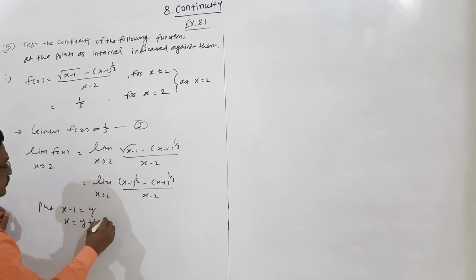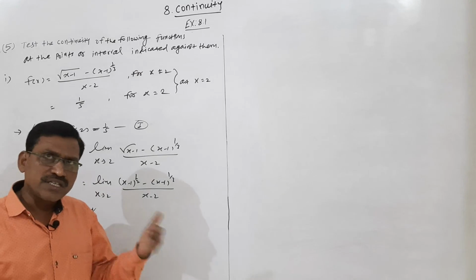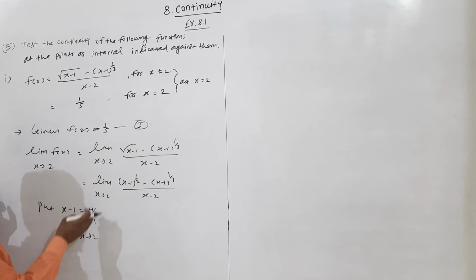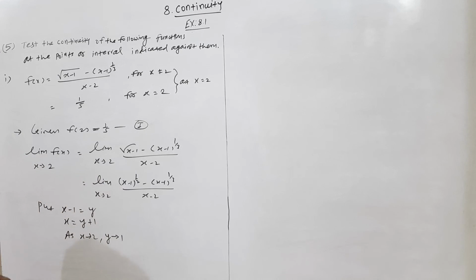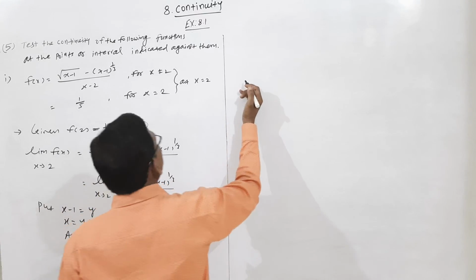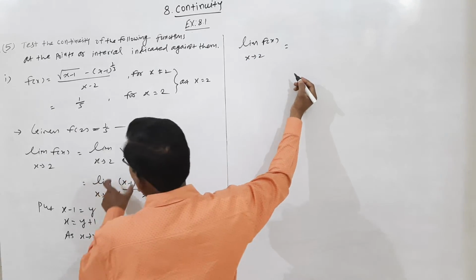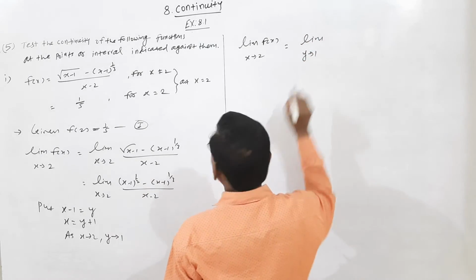As x tends to 2, whenever we put any function, the interval changes, so y tends to 1 here. Whenever we put a substitution, the interval of the function changes. So the limit of f of x as x tends to 2 is equal to, putting it only in the right hand side, the limit as y tends to 1, since the interval changes.